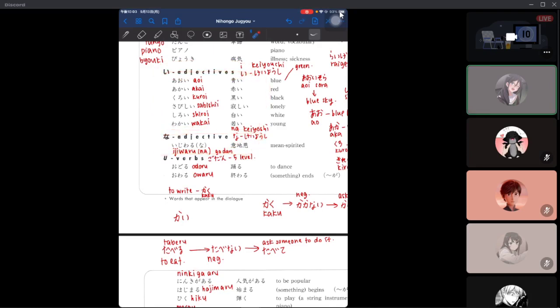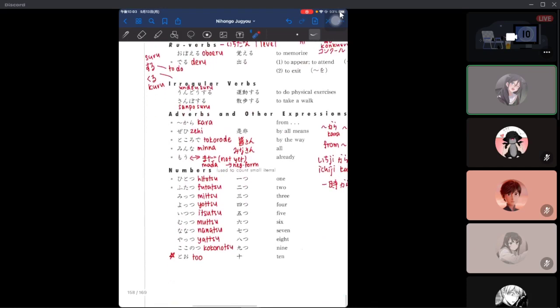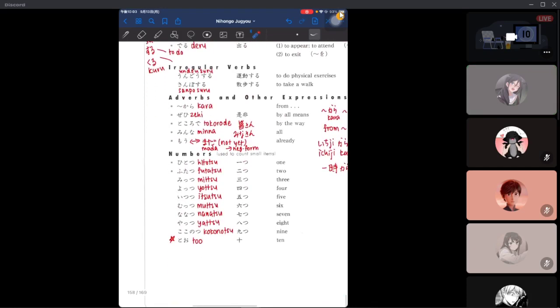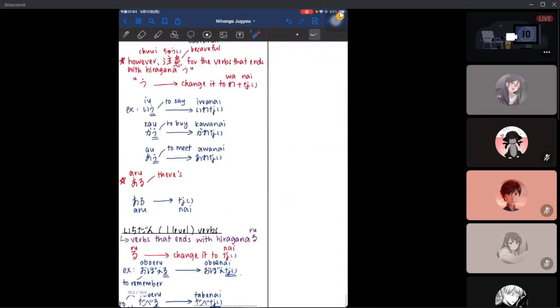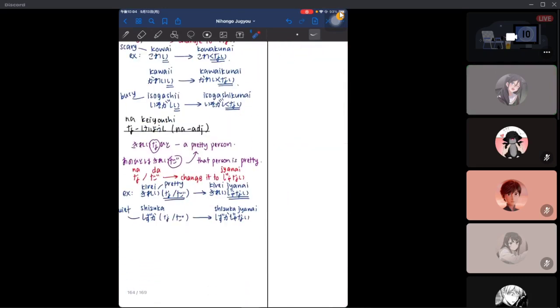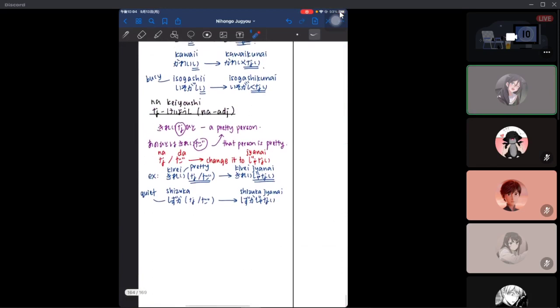Usually an i adjective ends with the hiragana i. However, there are certain na adjectives that end with the hiragana i, for example kirei.